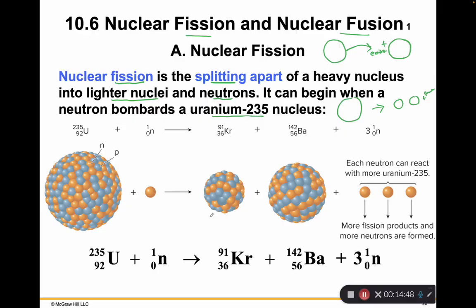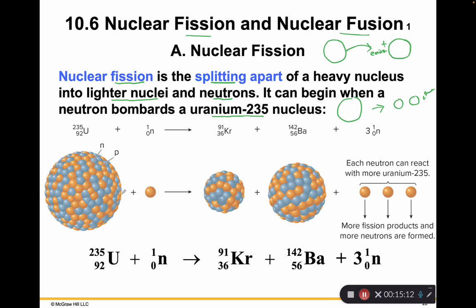So if a single nucleus gives out two similar size nuclei, maybe one is smaller than the other, then we call it nuclear fission. In the meantime, some other emissions of small subatomic particles can happen.